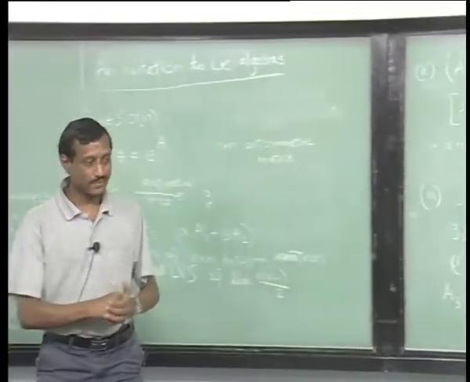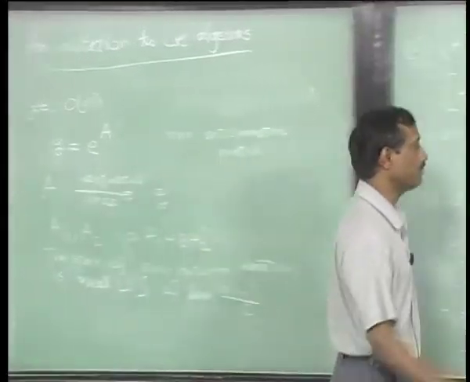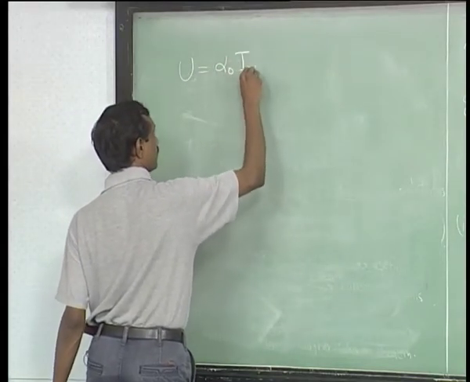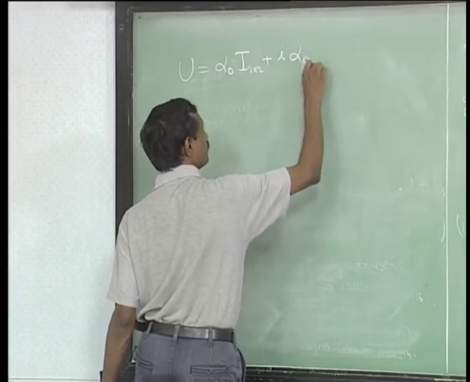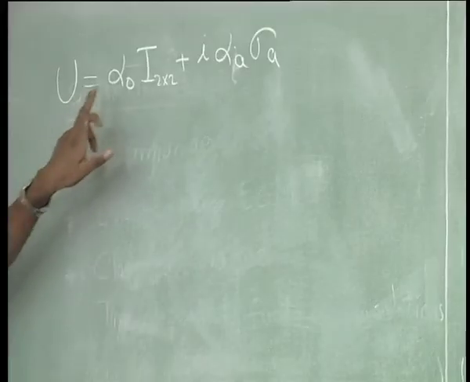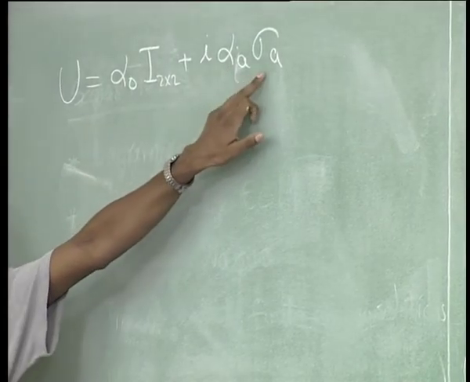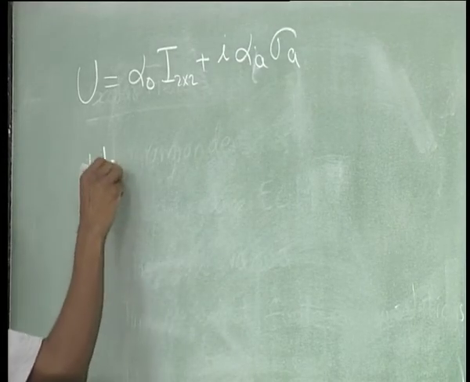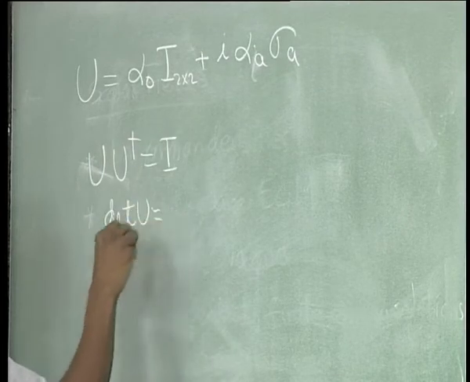One more important point is that all these groups, for instance, in one of your assignments, I gave you an arbitrary 2 by 2 matrix with 4 numbers alpha 0, alpha 1, alpha 2, alpha 3, where sigmas were the Pauli matrices, and I asked you the conditions under which u dagger u was equal to 1 and determinant of u was equal to 1.